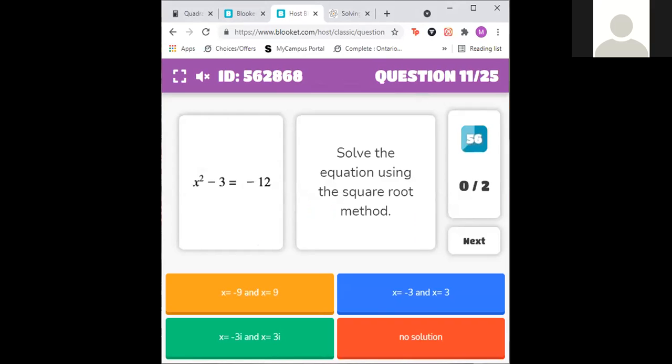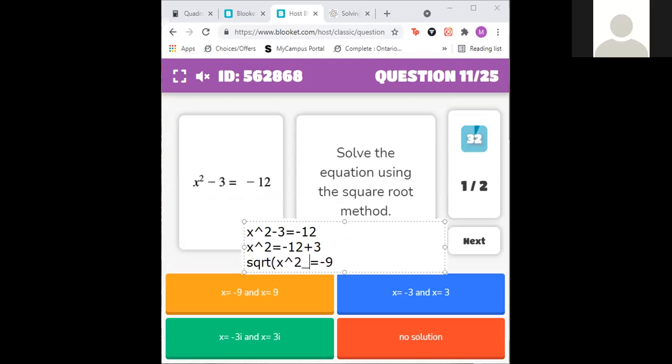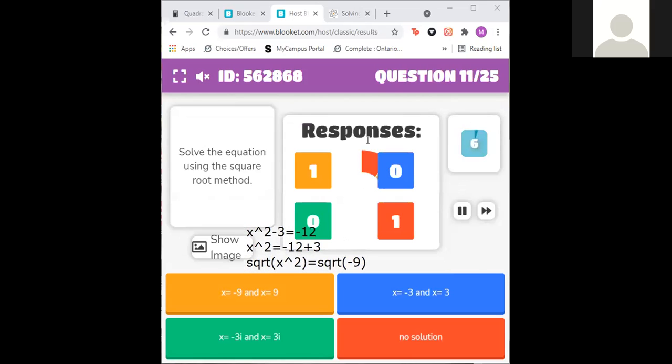So here, what you would do is x squared minus 3 equals -12, then plus 3, x squared equals -9. Then you'd have to take the square root, and the square root of a negative number is undefined. So it would be no solution.